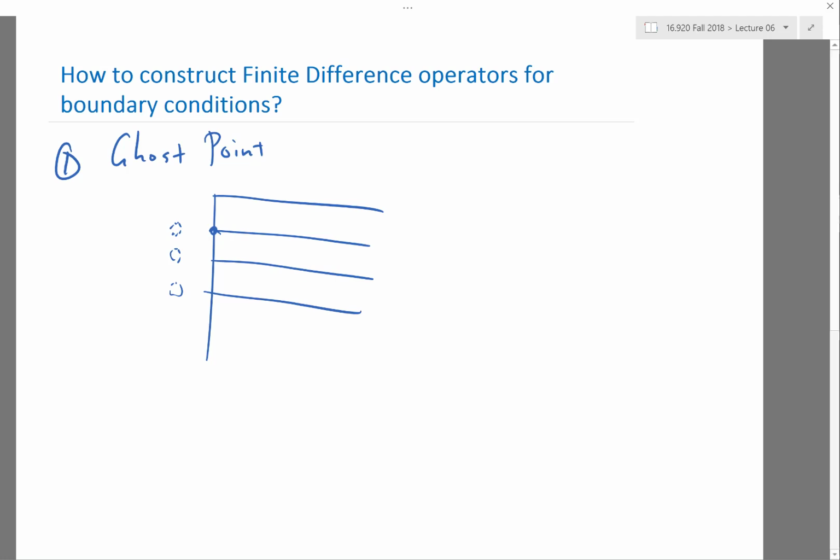Okay, so the Robin boundary condition is basically the derivative and the solution, with a coefficient, added together is equal to something. So this is basically a linear combination of the solution and the derivative, and the value is known.